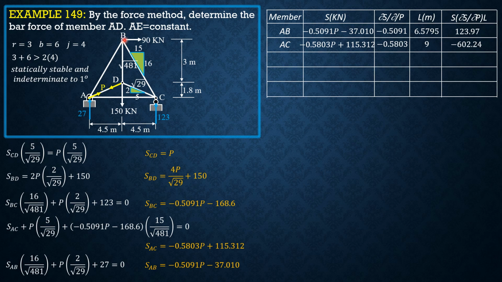So we proceed to BC, and it is negative 0.5091P minus 168.6. Partial derivative negative 0.5091. The length of BC is the same, 6.5795 as AB. Then after setting P to 0, the product is positive 564.747.